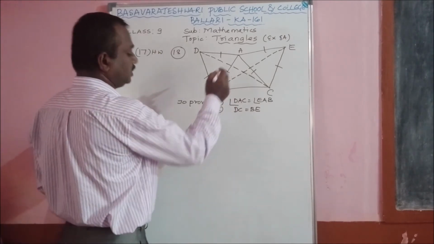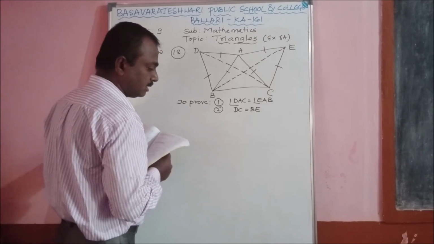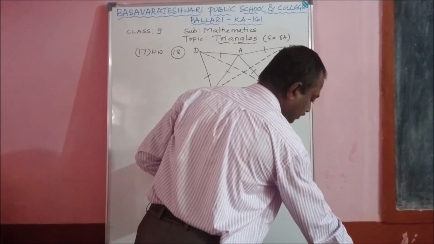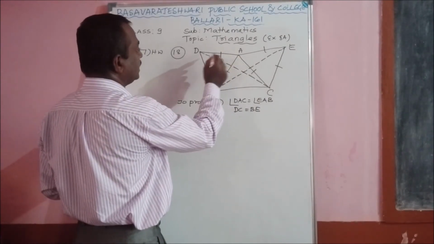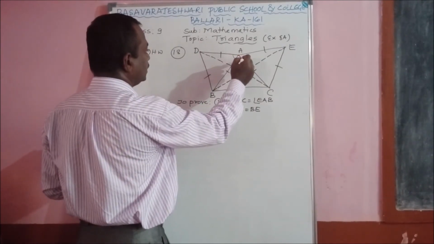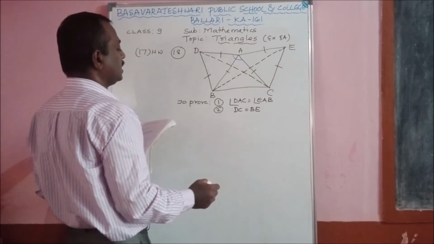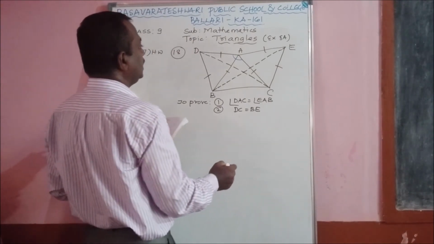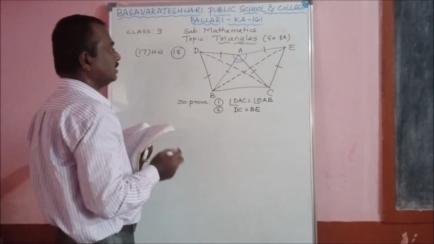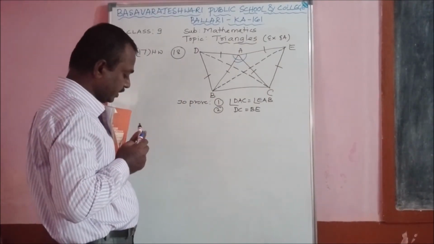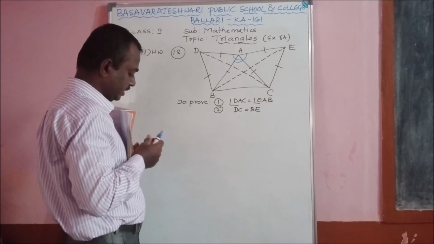Now we have to prove these two angles are equal. Which are those two angles? Angle DAC, this, and angle EAB, this. Okay, we will prove it.